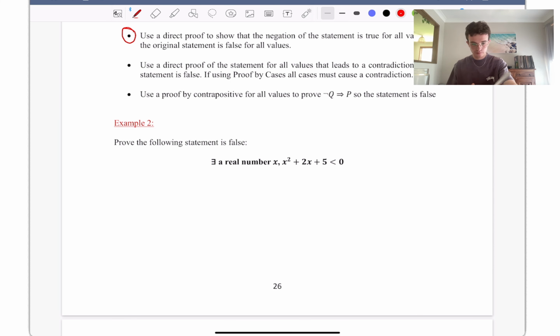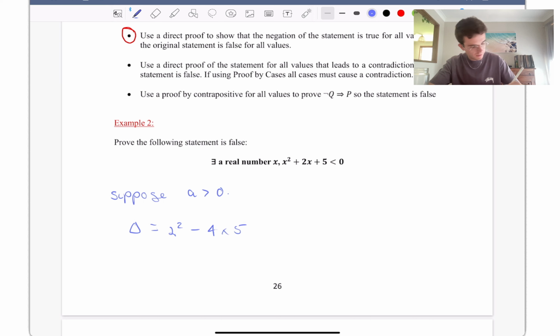So let's suppose that the coefficient a is greater than 0. Well, the discriminant of that quadratic expression is equal to 2 squared minus 4 times 1 times 5, and that's less than 0.